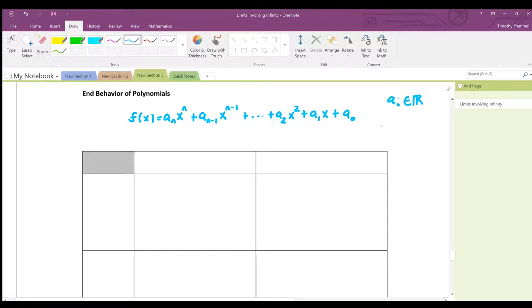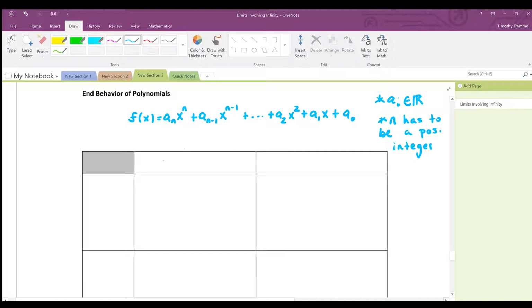Now, n has to be a positive integer. n has to be a positive integer for this to be a polynomial. All right.